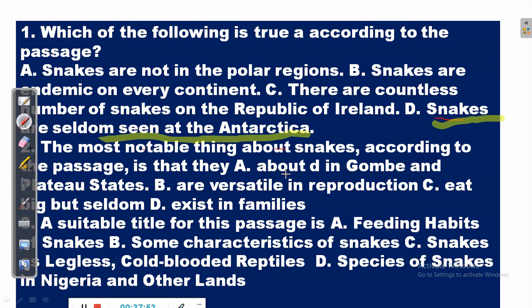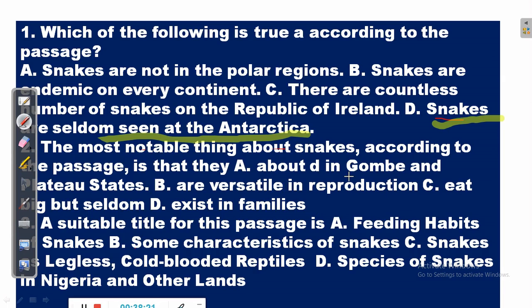And by the way, it was cited as the last sentence in the passage, and there was no other place in the passage that this was mentioned. Again, there was nothing the writer said about these places that shows that is the most notable thing about snakes.